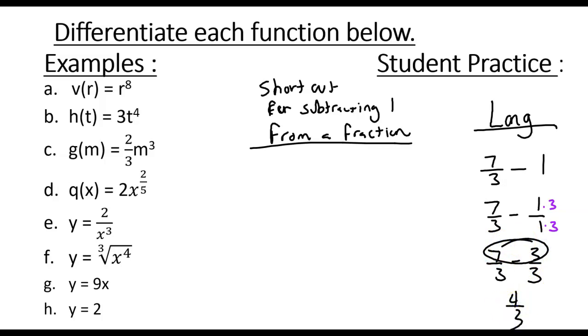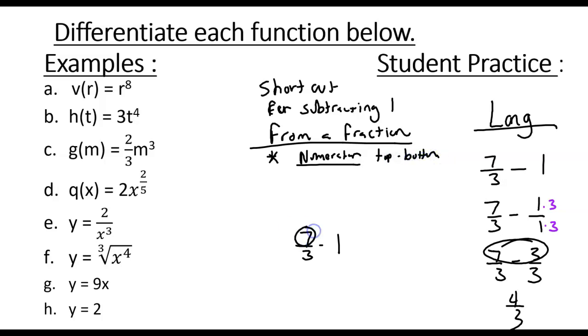But there's actually a much faster way to do it, okay? So here it is, 7/3 minus 1. The numerator of your answer is going to be top minus bottom.